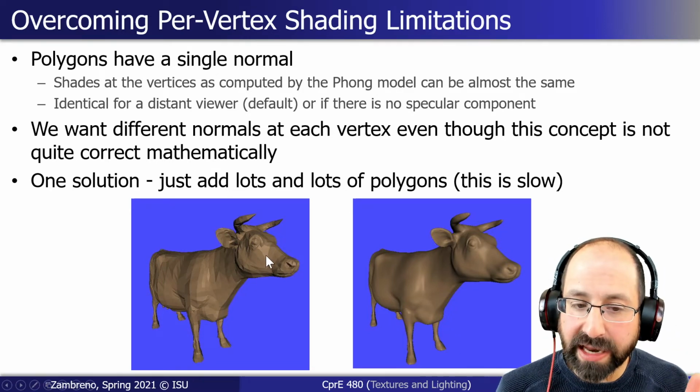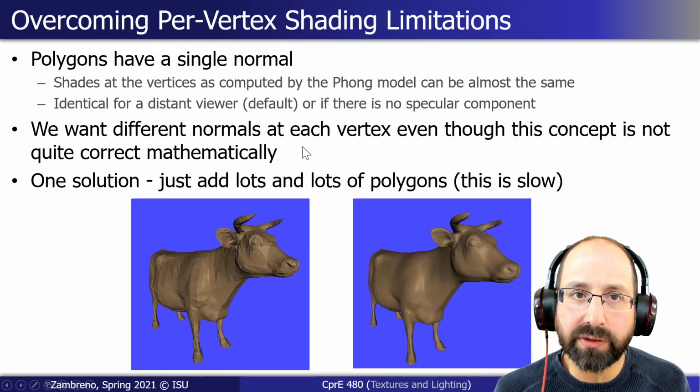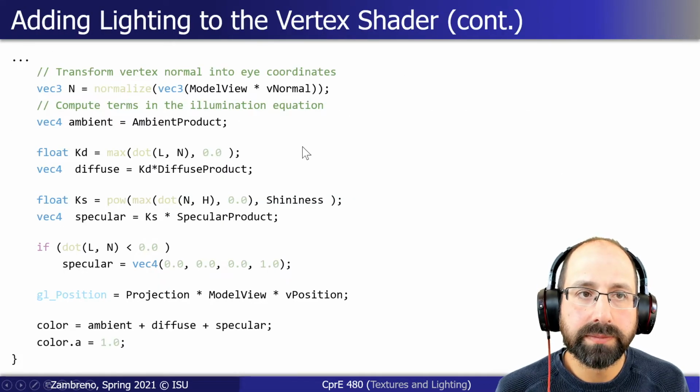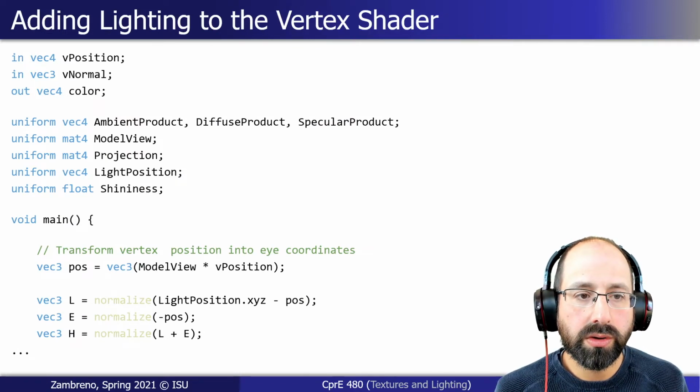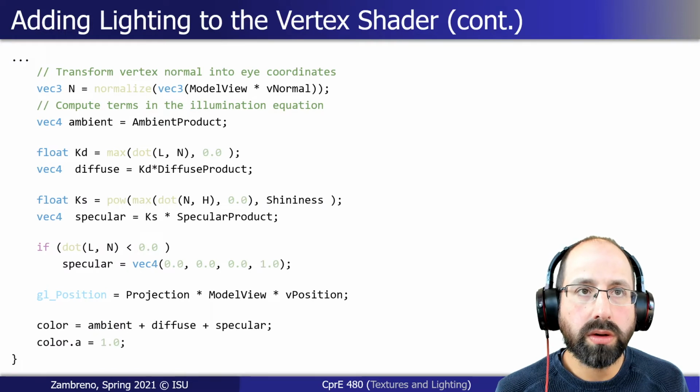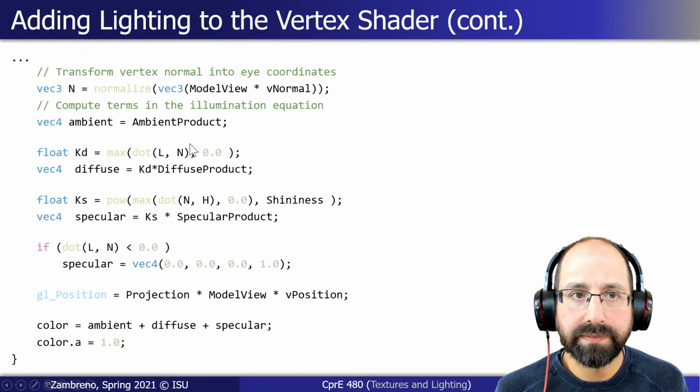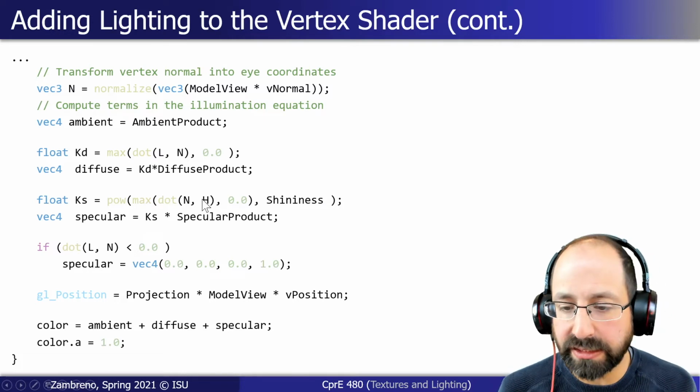Again, the reason for that is when we look at the interesting math that's happening right here in our vertex shader, this normal and its contribution to the various components is going to be the same for all three vertices in each triangle.